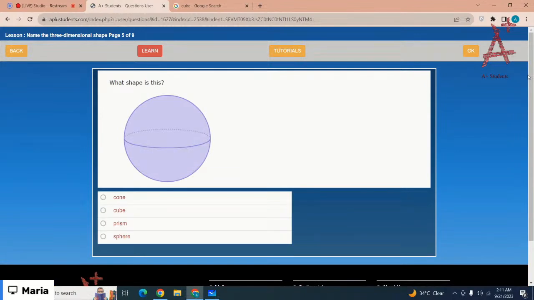What shape is this? Cone, cube, prism, sphere. Which is the correct option?